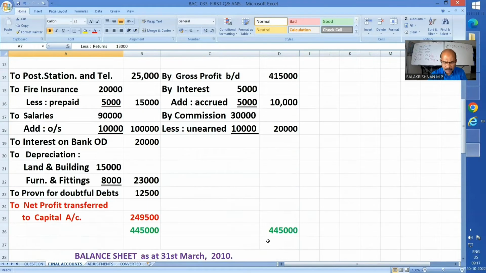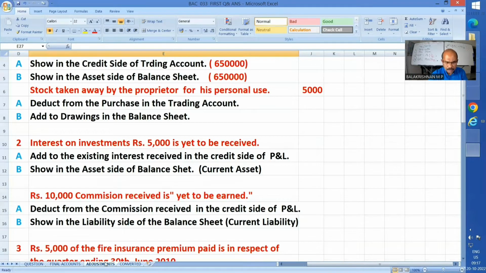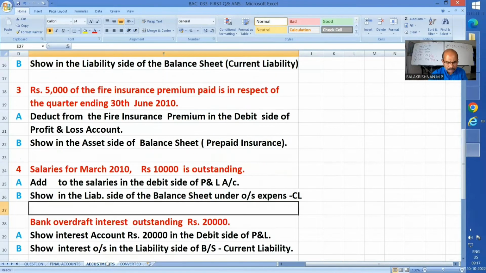So 20,000. Well, as far as the debit side is concerned, postage, stationery, and telegram as it is, fire insurance, net of prepaid, 15,000. Salaries, add outstanding. Interest on bank overdraft, 20,000. Is an adjustment given? Bank overdraft, interest outstanding, rupees 20,000.